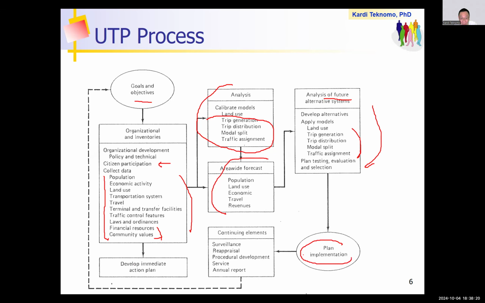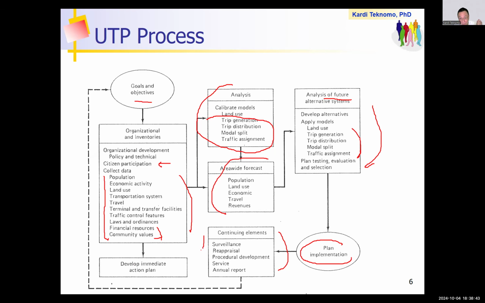And we are supposed to have a feedback system. That means you do appraisal and surveillance after implementation, to check whether the implementation and the behavior are actually the same as the plan or not.